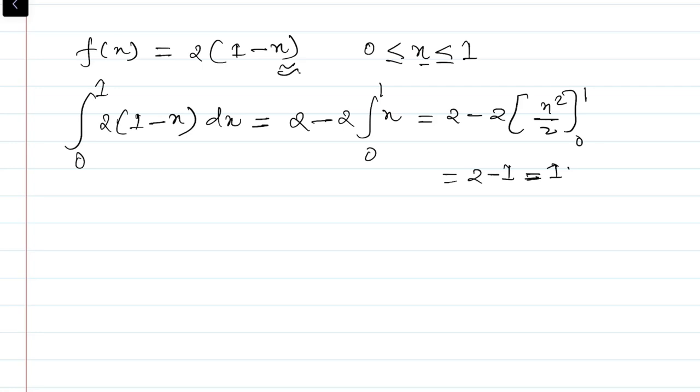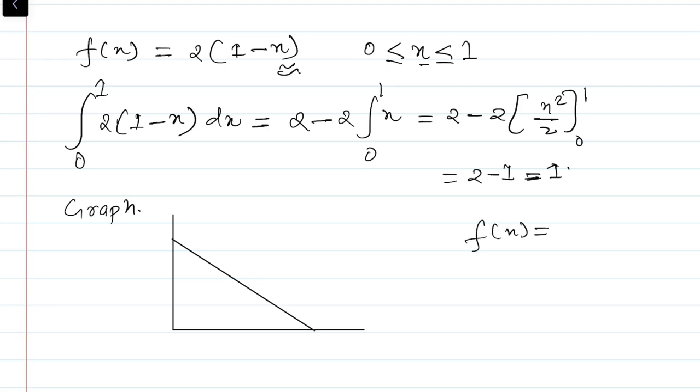This is a very easy function, so we can draw the graph. The graph will be something like this, because you can find the x-intercept and the y-intercept by putting in the values. So the function is f(x) = 2(1 - x), right?